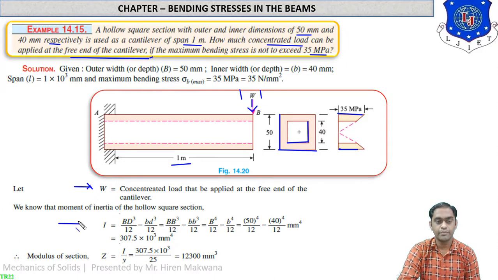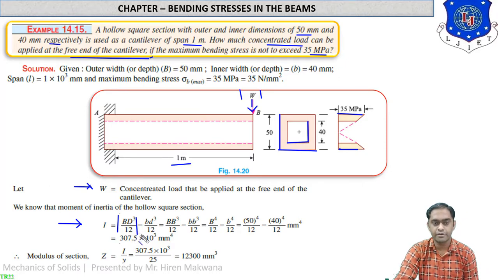Now how to calculate the moment of inertia. Moment of inertia is very much important for the rectangular or square hollow section. You know, for the rectangular section the moment of inertia is BD cube by 12. Here it is written capital BD cube by 12 because the section is hollow. So from this capital BD cube by 12 we have to subtract small bd cube by 12 for the inner square.